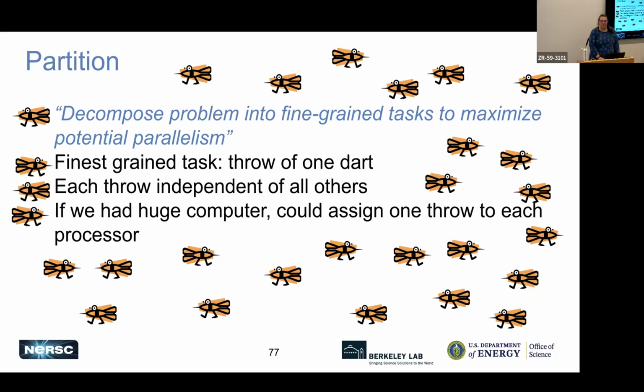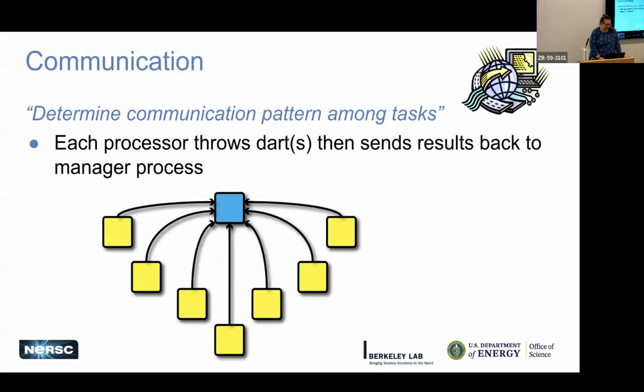So next is communication. Each processor is going to throw a dart and then send the results back to a management process, right? Because somehow we need to tally it up. We have to have somebody keeping a record.